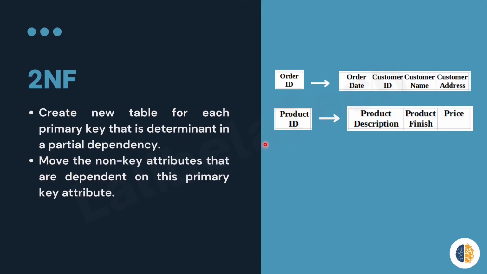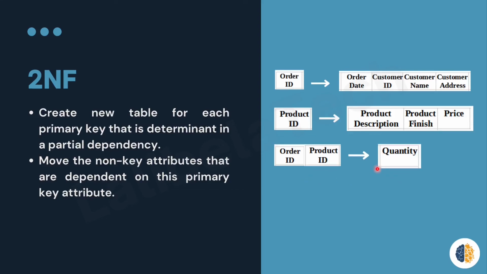Apply the same concept for the second one. Let us create a table with product ID considered as the primary key, add the other attributes, and call this table the product table. Finally, we need to create a table for the attributes which do not have partial dependency.